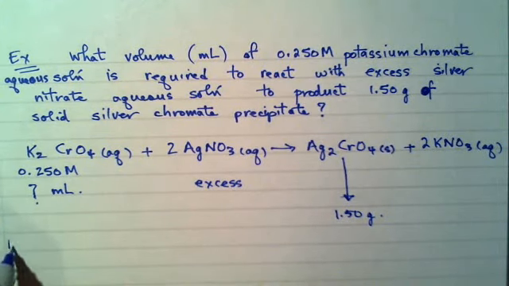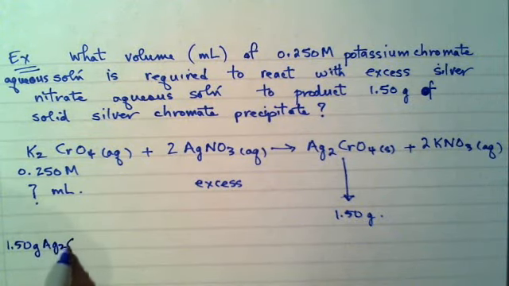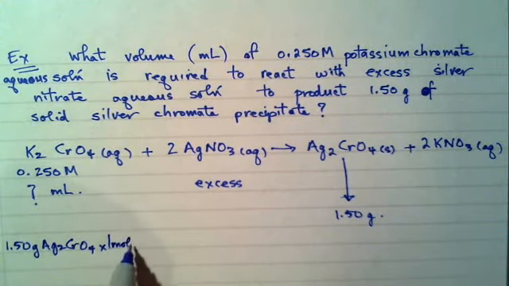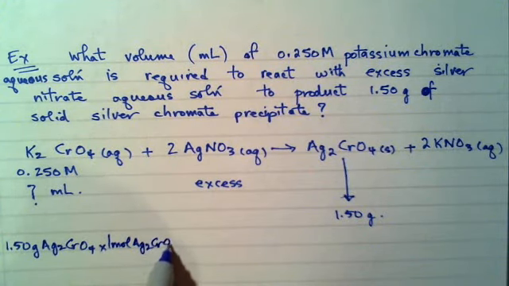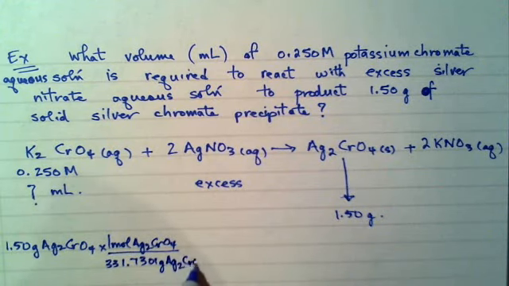So 1.50 grams of Ag2CrO4 times, I want to convert it to moles, and 1 mole of Ag2CrO4 has a molar mass of 331.7301 grams Ag2CrO4.